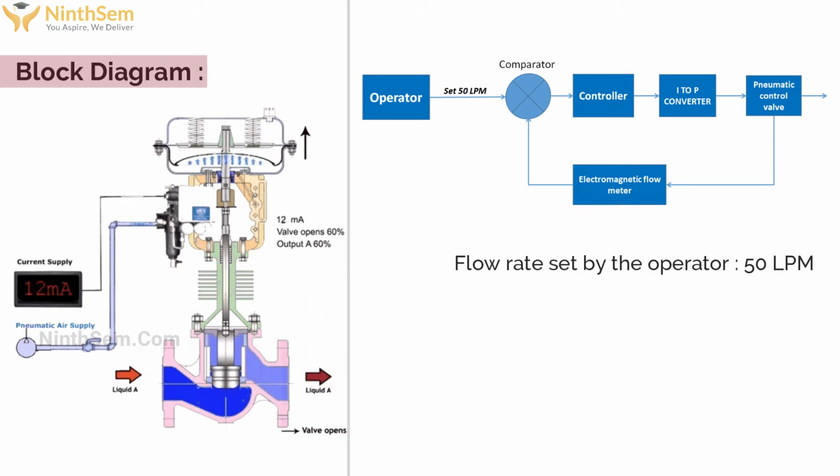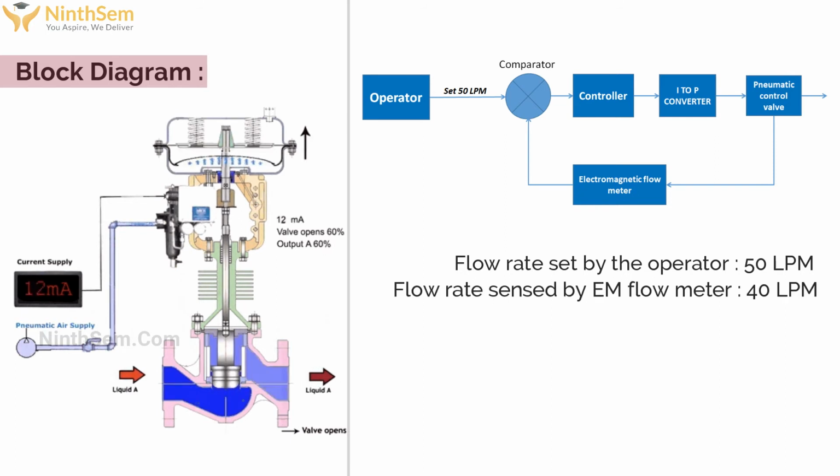Okay, now as you have seen in the block diagram, the operator sets a flow rate at 50 LPM. So when the pneumatic valve starts to open while casting is going on, at the same time the electromagnetic flow meter, which is attached to the flow pipe, can sense the flow rate. Let's say it senses 40 LPM, while our set value is 50 LPM.